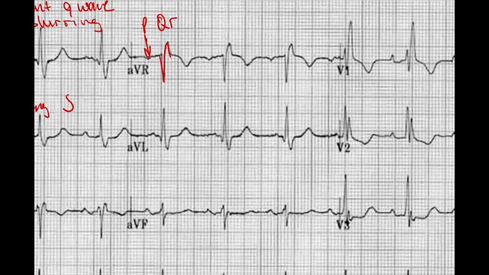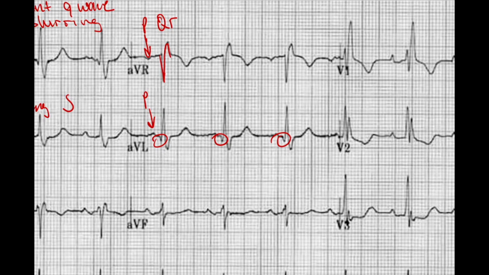In aVL, we have an upright P wave, which is fine. We know sometimes and typically it's negative. We do have little Q waves present, but they seem to be neither 2 millimeters, 40 milliseconds, or greater than 25% the QRS complex, and they're also not in V1 through V3.